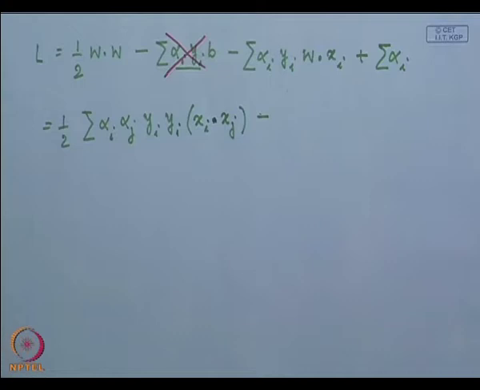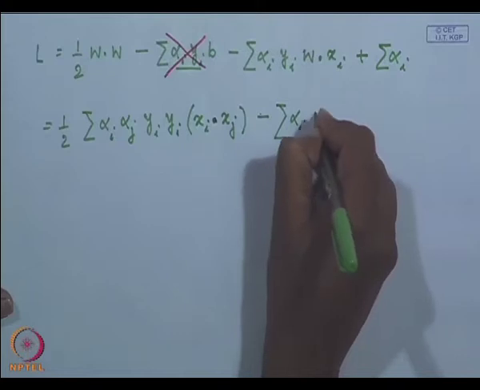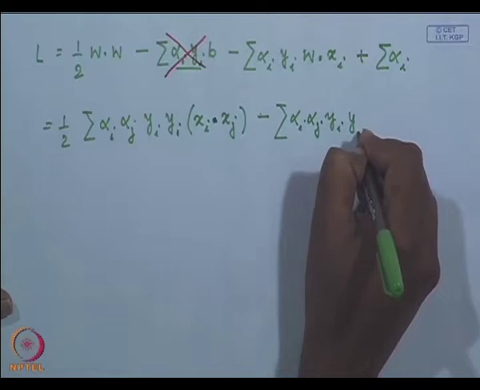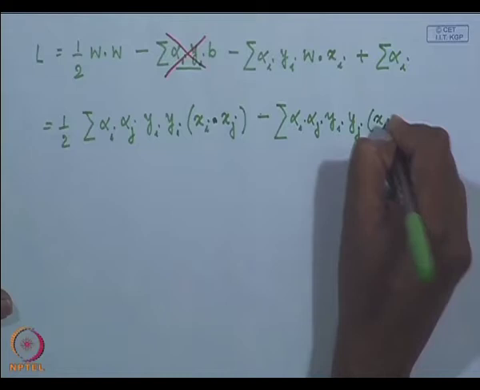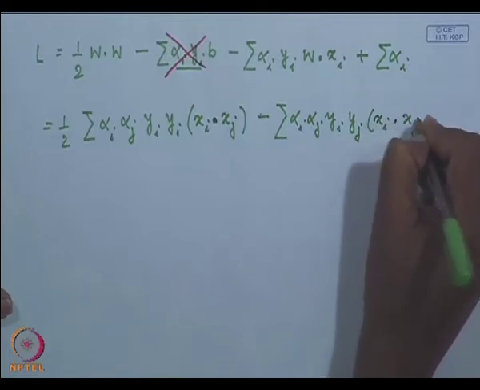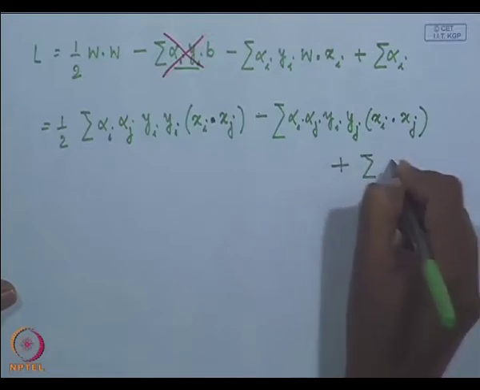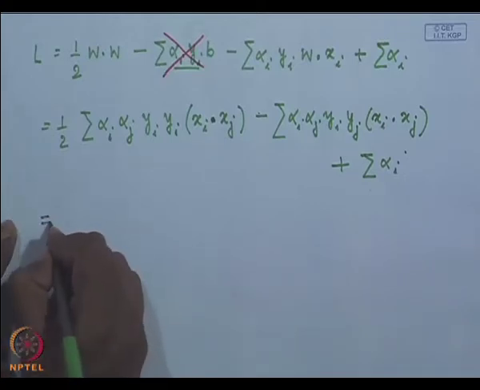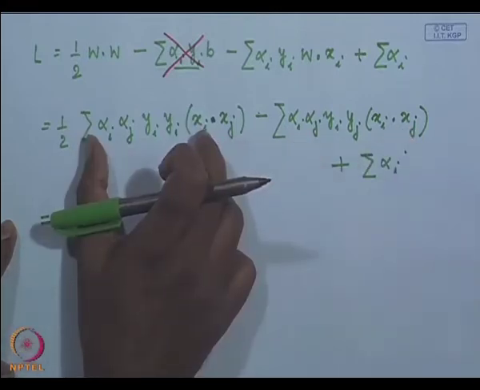So, this will simply be minus summation of alpha_i alpha_j y_i y_j into x_i dot x_j plus sum of alpha_i, and you find that this minus this term and this term, they are the same.